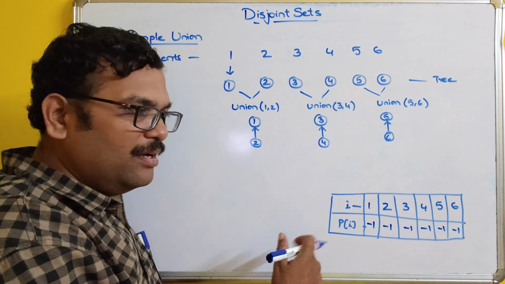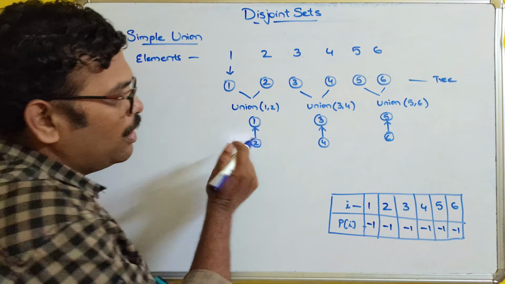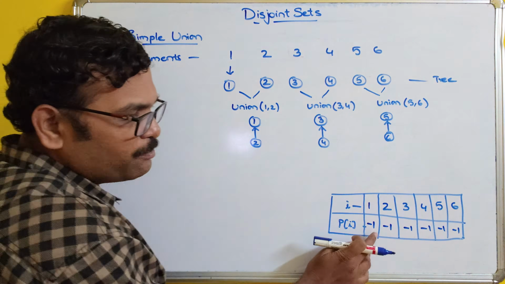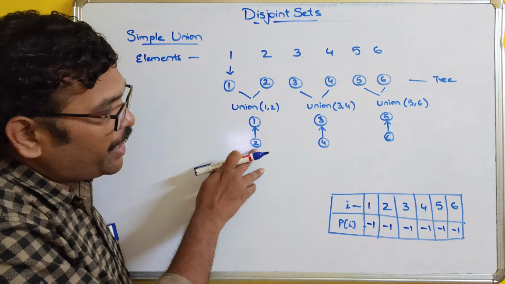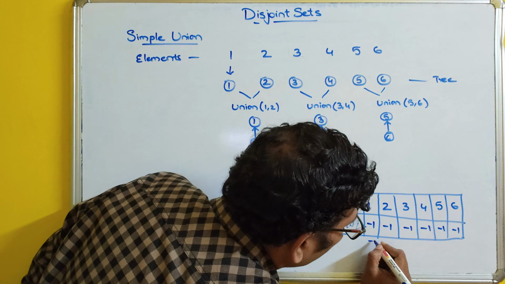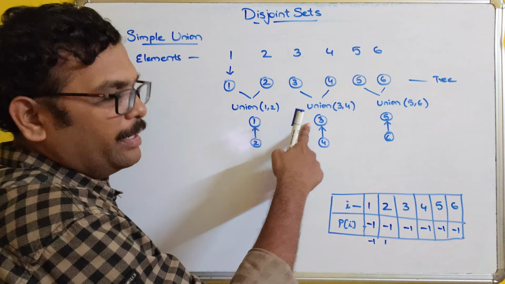Now update the parent of nodes. So what is the parent of 1? Here 1 is a root node, so parent of 1 is -1 only. What is the parent of 2? Parent of 2 is 1. Parent of 3 is -1.